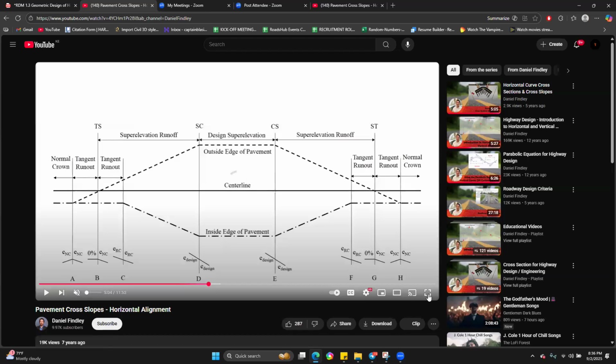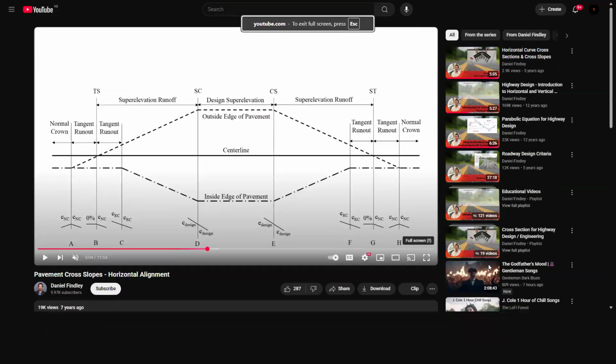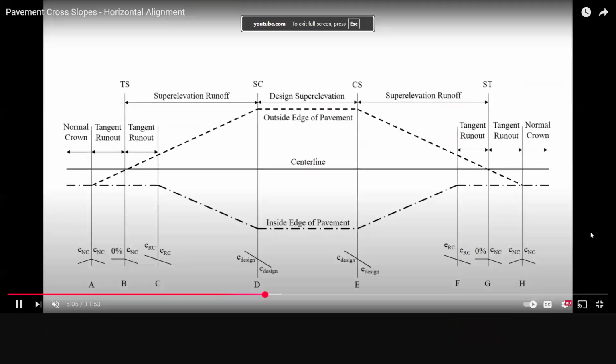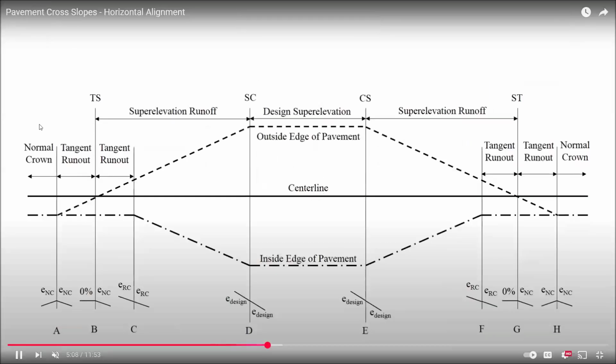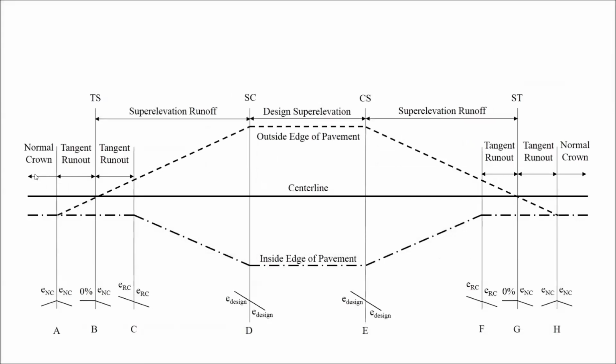All right, amazing. So allow me to use this snippet here to explain the super elevation development. I'll take my pen right there. All right. So we've been told that super elevation development has two regions.